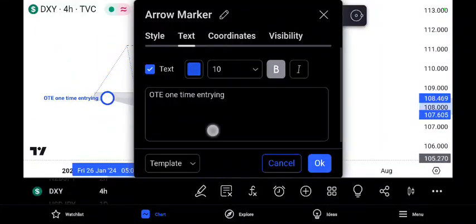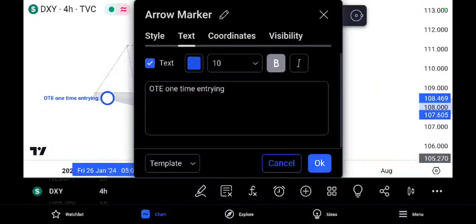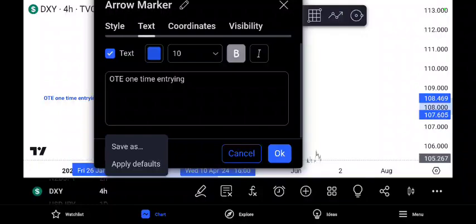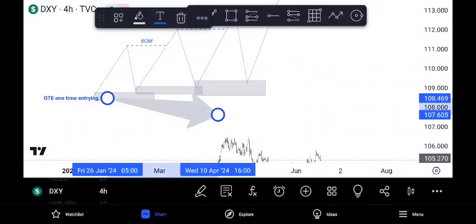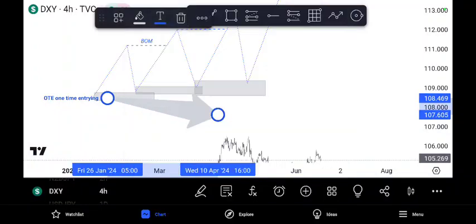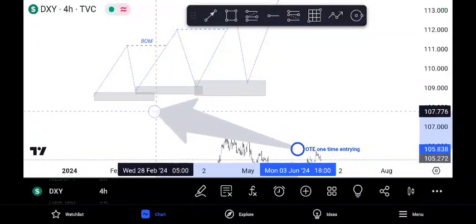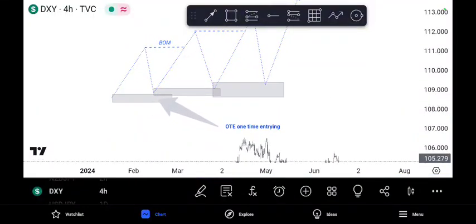It could be at the down. So these are your one-time entry.